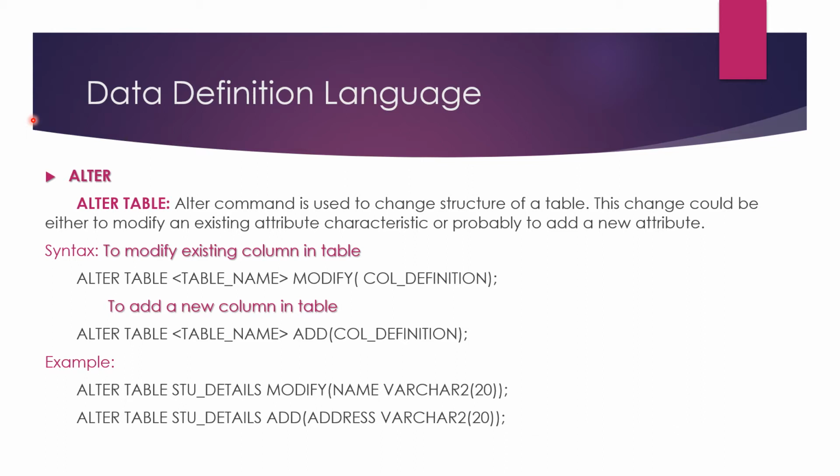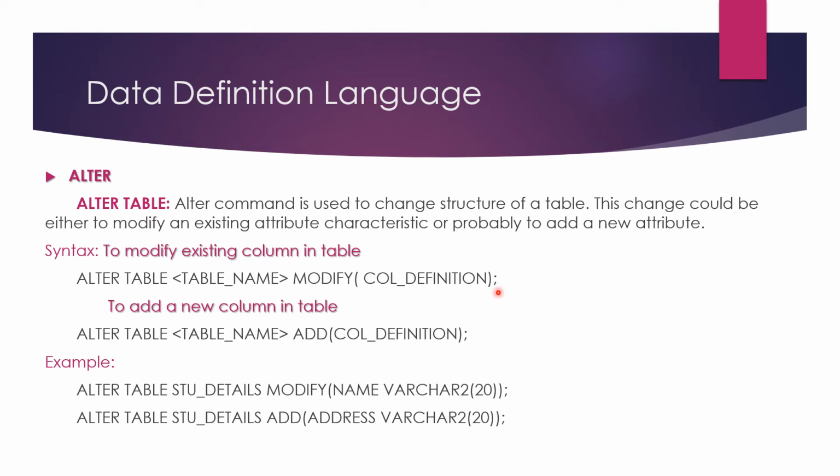In alter table queries, there are two categories. The first one is to modify an existing column in the table, and the syntax is alter table, table name, then the keyword modify, and within the parentheses you give the column definition and end the statement with a semicolon.